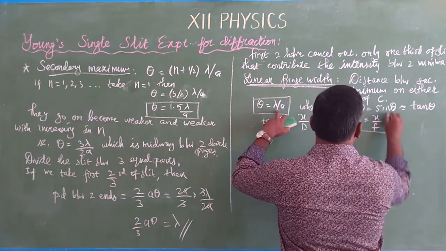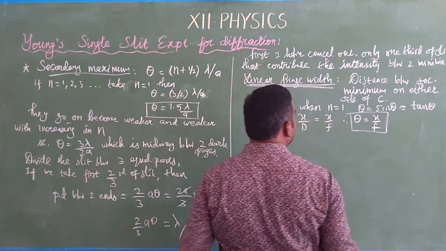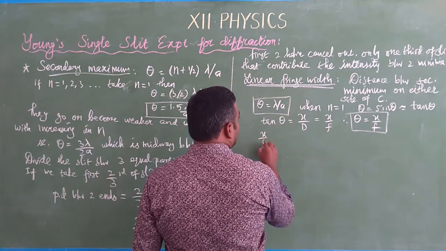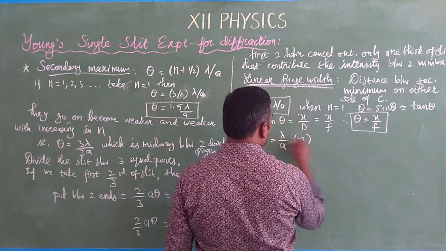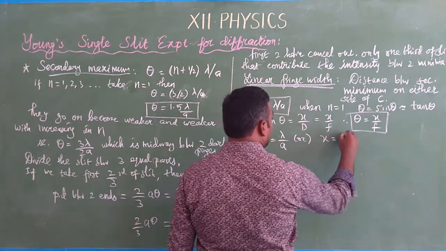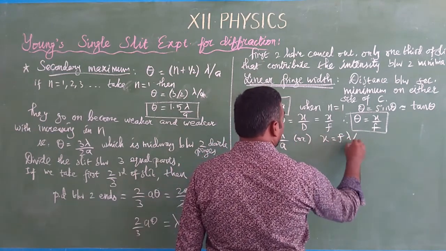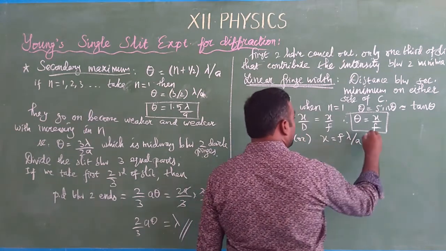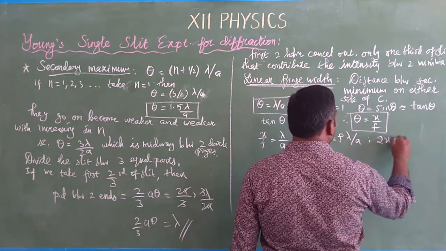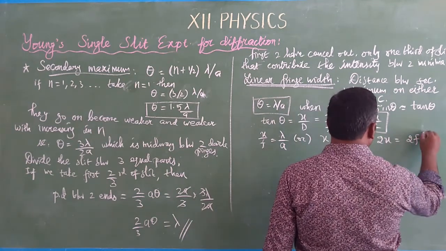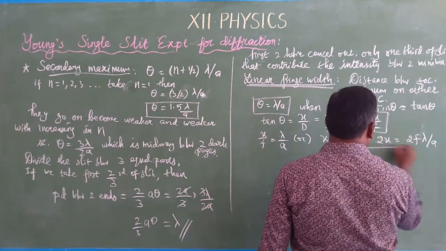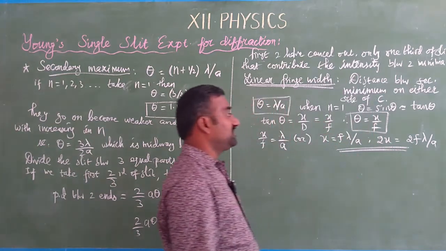Comparing these two equations, x by f is equal to lambda by a, or x is equal to f lambda by a. If you double this distance, that is 2f lambda by a. So this is the linear fringe width value.